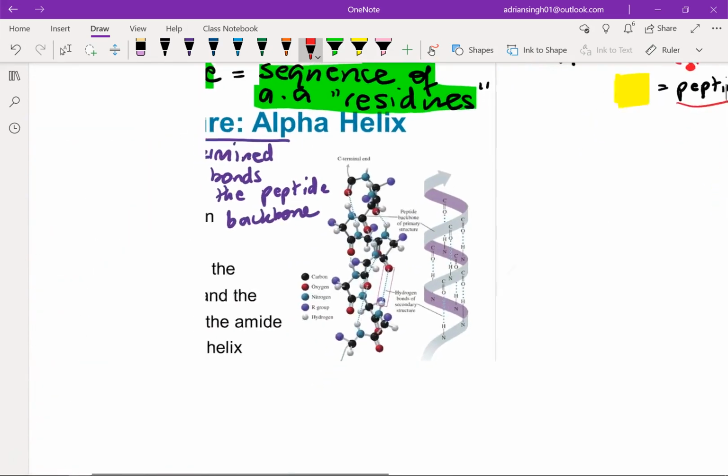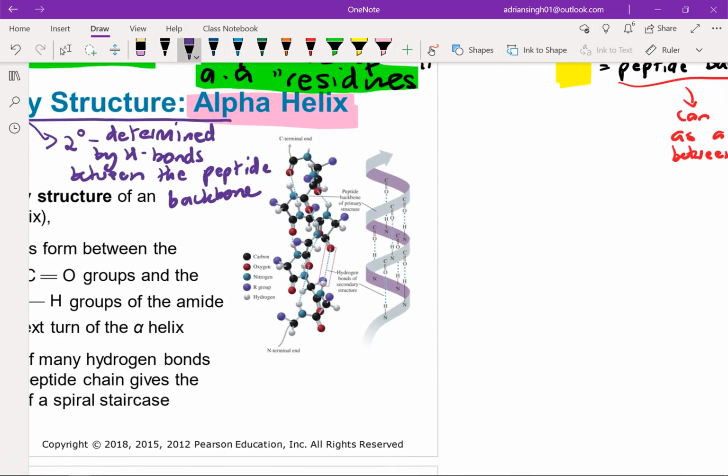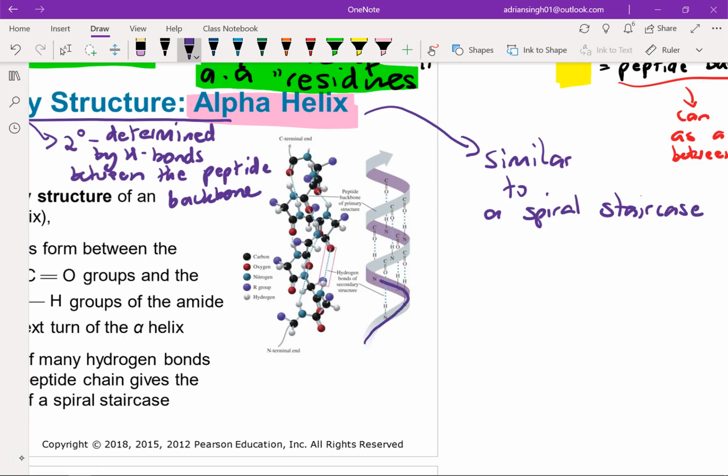And that is illustrated by our first secondary structure, which is known as an alpha helix. You can think of an alpha helix as similar to a spiral staircase, but obviously not as big. This is on the molecular level. There's our spiral staircase going all the way up. And why is it in this form to begin with?